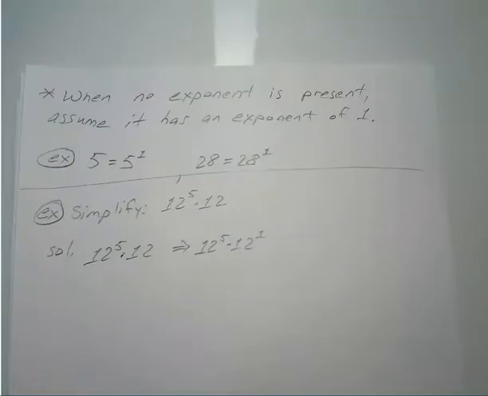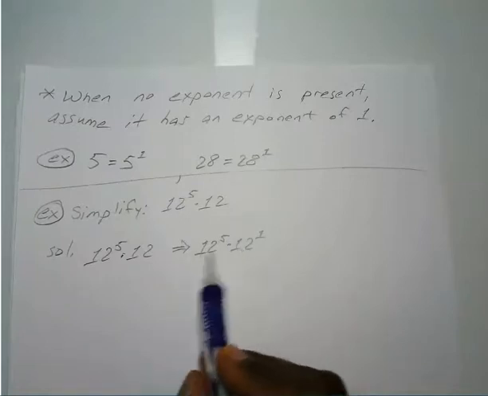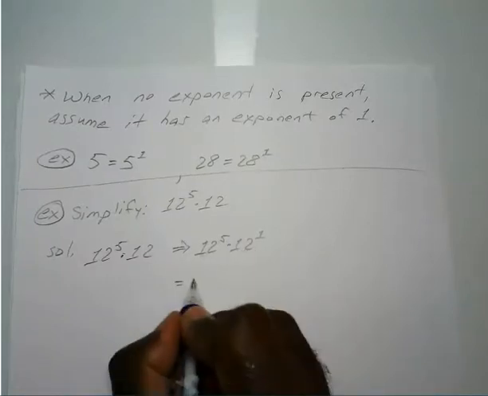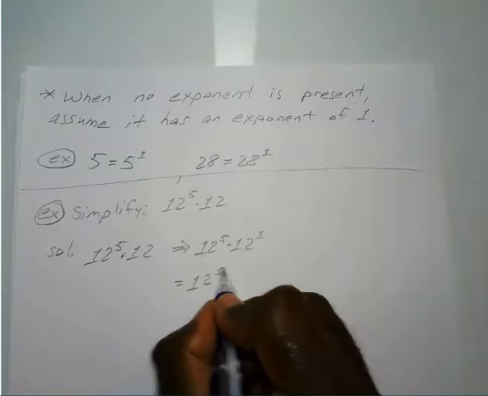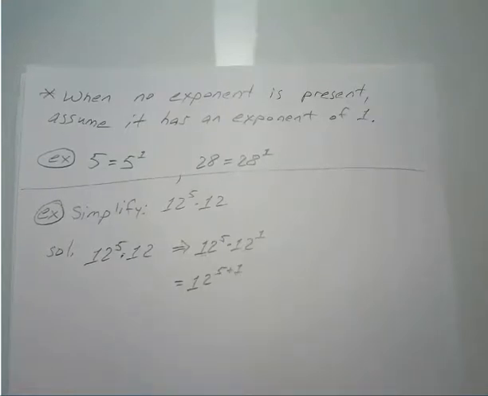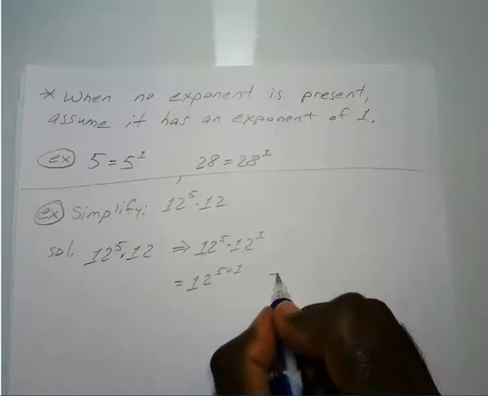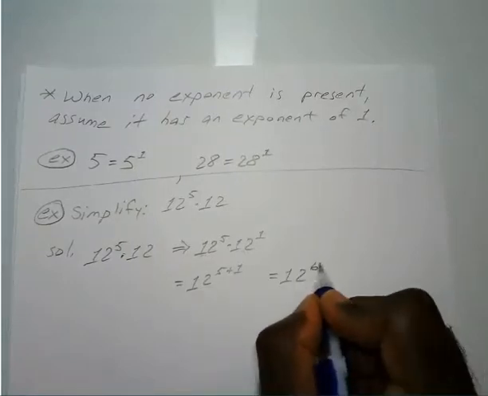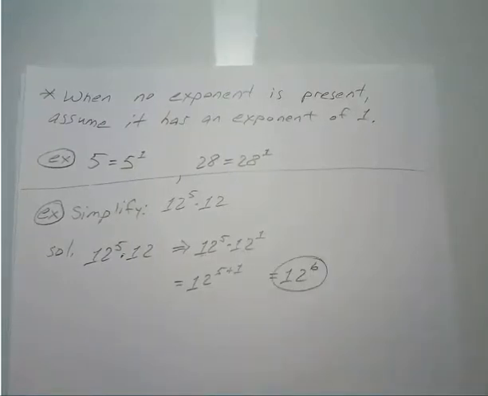Exact same thing. Now, since we have the same base, we can combine those two. So that would become 12 to the 5 plus 1 power, which is 12 to the 6th power. Now, those are examples of the product rule. With the product rule, you add your exponents.